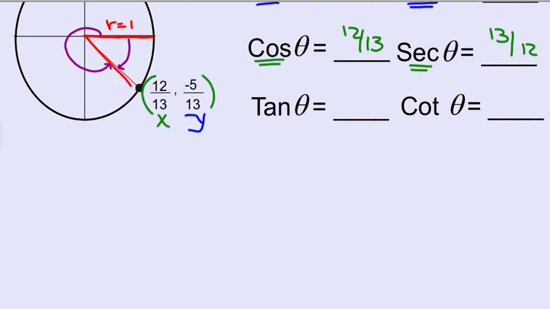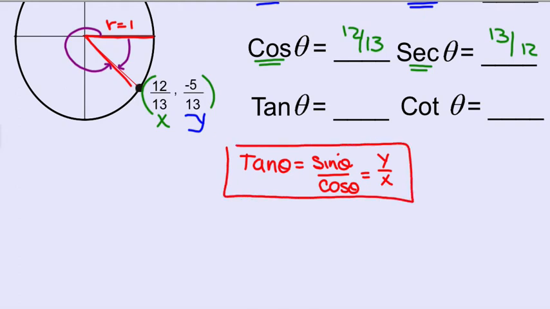To find the tangent and the cotangent, we can't just look at x and y. To find the tangent of any angle in the unit circle, we're going to take the sine and divide it by the cosine, or y divided by x. Make sure you have that written down, very important.